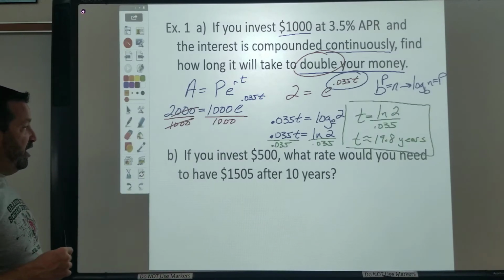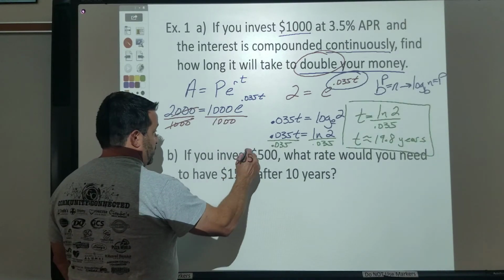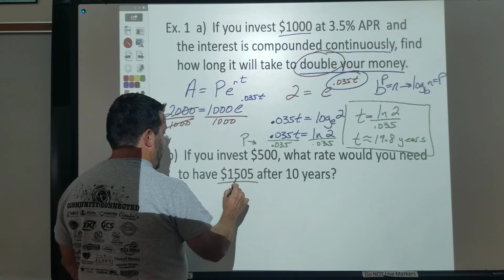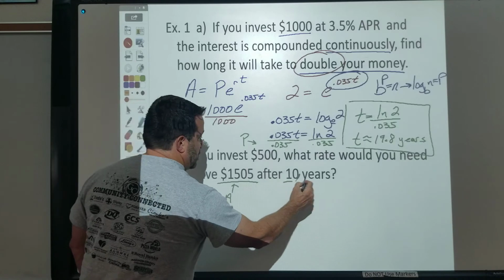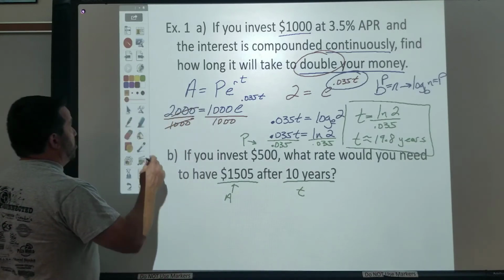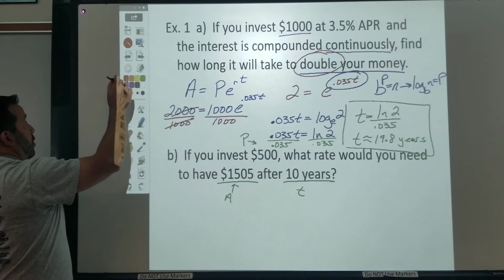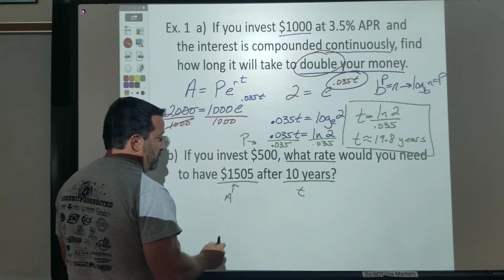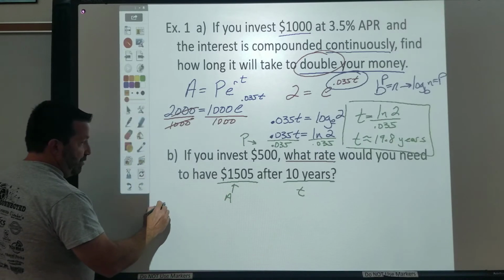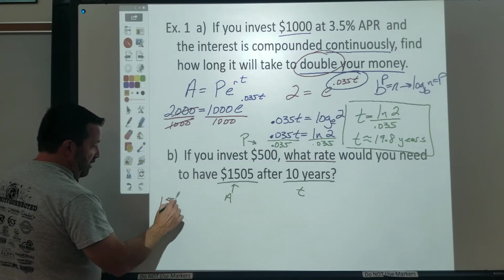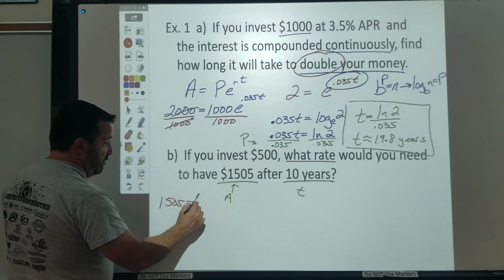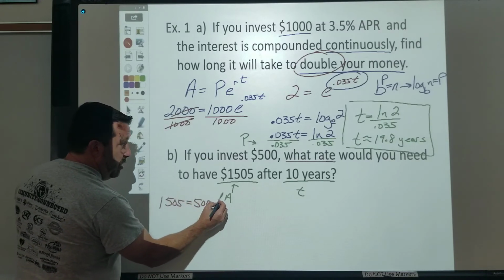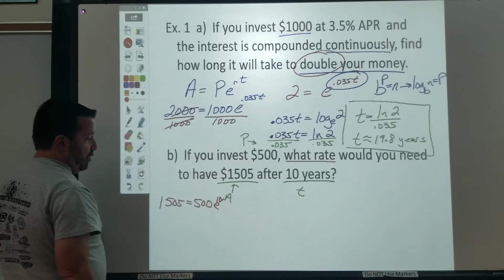Second one, $500 is what I'm investing. So that's the value for P. We want to have this amount, A, after 10 years, t. So in this case, I'm looking for the rate. So what rate? I don't know that part. So again, I take 1,505 equals 500 times e to the 10r power.